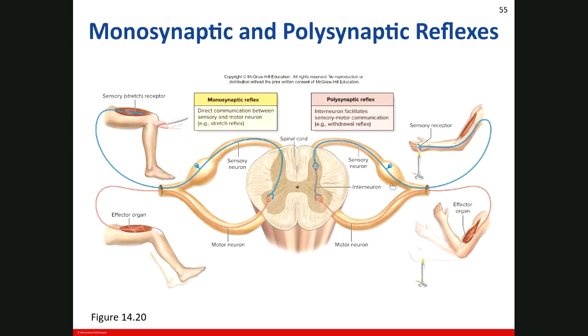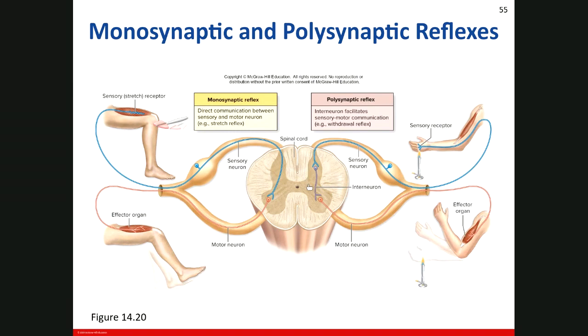On the other side, you can see the polysynaptic reflexes. In the polysynaptic reflexes, the stimulation here is heat. The thermoreceptors can receive the stimulation of heat in our skin and send their information by the sensory blue neuron to our dorsal horn, the spinal cord. Between the sensory, which is blue, and the motor, which is red, you can see the purple neuron.